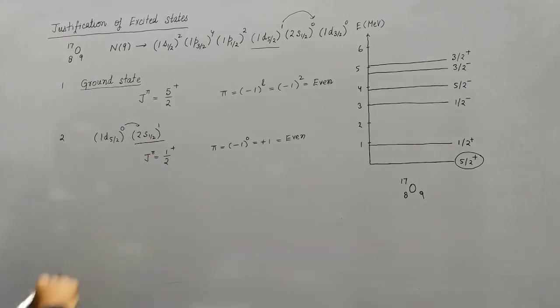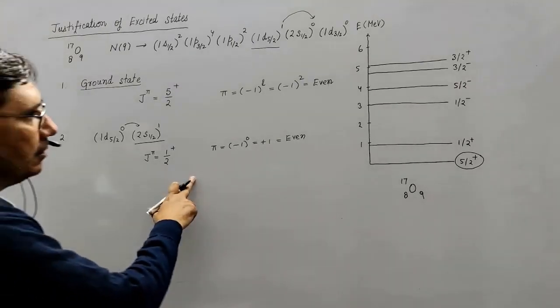Due to the transition of this unpaired neutron from the 1d subcell to the 2s subcell, this excited state comes into the picture.